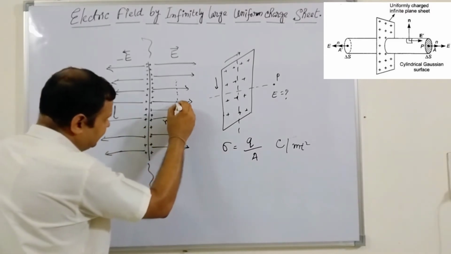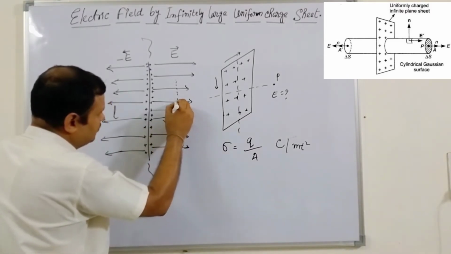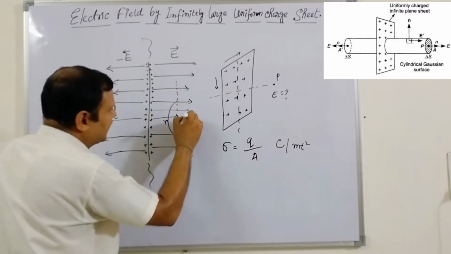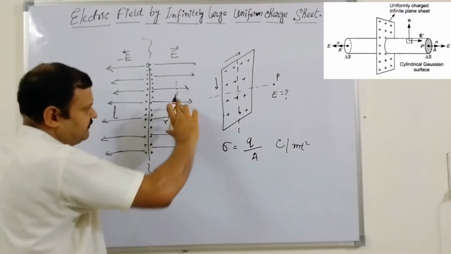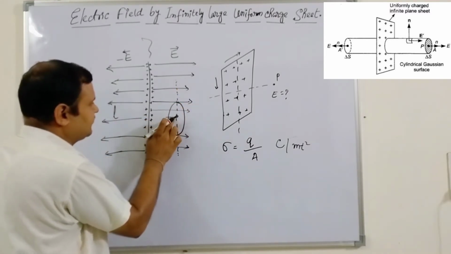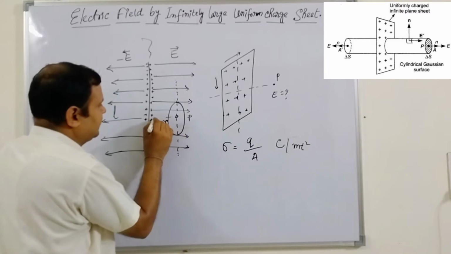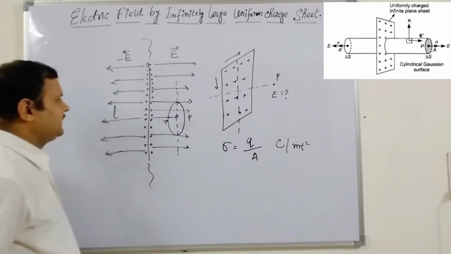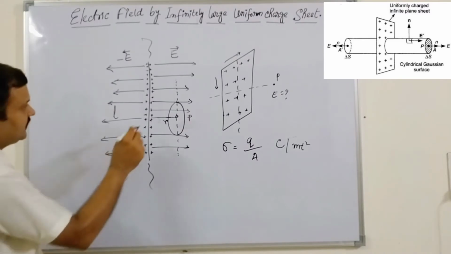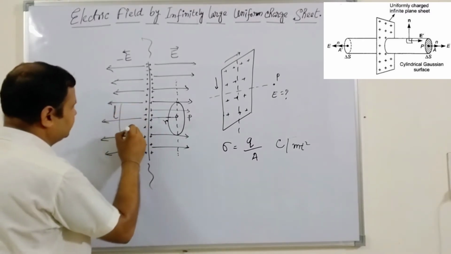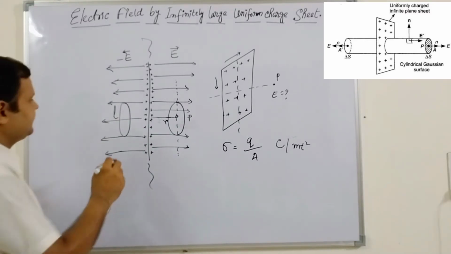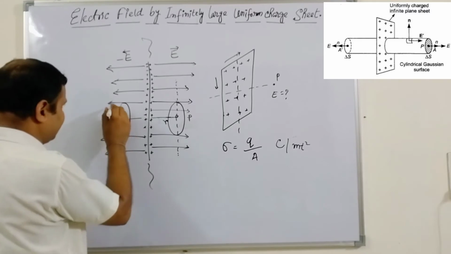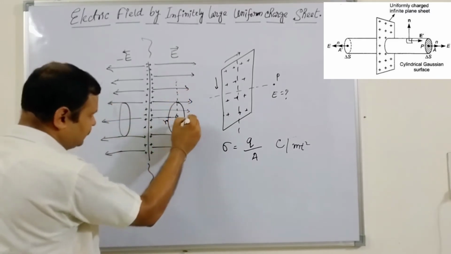Now if we take one cylinder like this, for a particular uniform distance, with the center point P at distance R, the same thing, the cylinder. And this length, what you consider, is L.